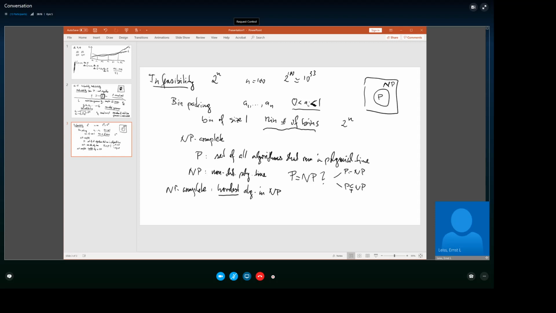If you had an algorithm that is NP complete, and you found a way of solving it in polynomial time, then that would give you a polynomial time algorithm for all algorithms in NP. So in that sense, it is a hardest algorithm in NP. If you can find a polynomial time algorithm for an NP complete problem, you have basically shown that P is equal to NP.